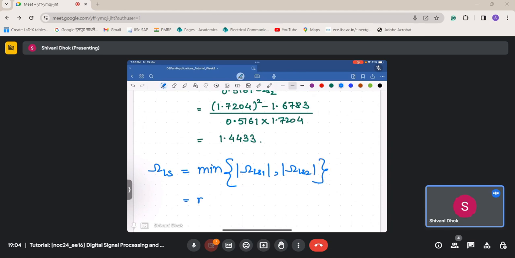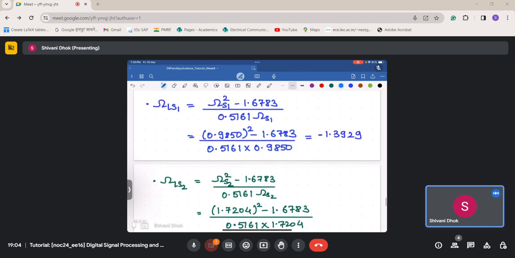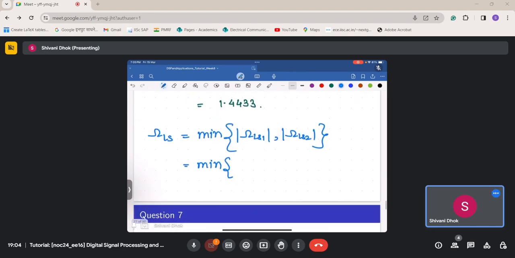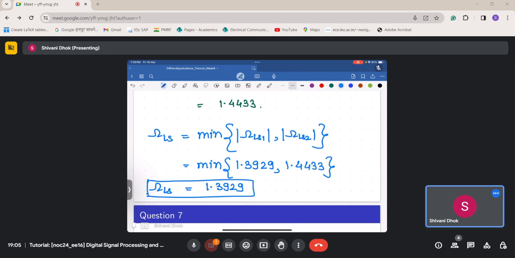Magnitude of ls1 is 1.3929, and magnitude of ls2 is simply 1.4433, and this comes out to be 1.3929. So this omega ls is 1.3929. Okay. Any questions in this part? Are the steps for designing filter till this point clear?